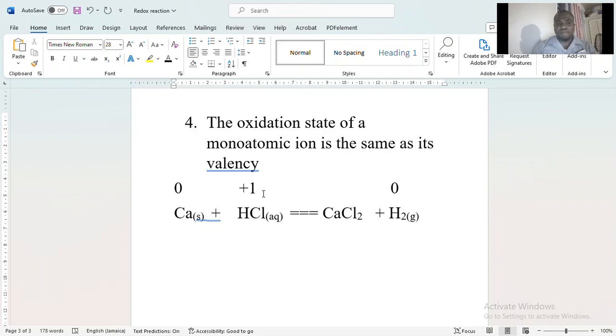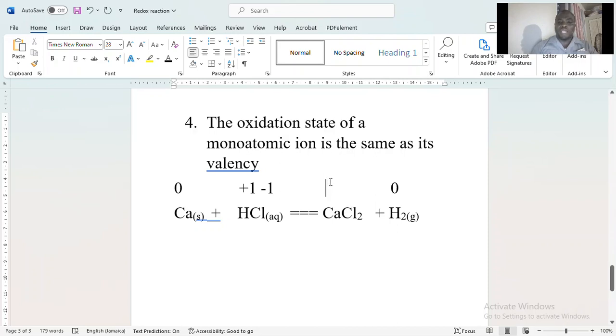So we said negative, and technically, the concept is it would have been a -1. And so we can do that for these ions. Once you know the ion, you know the oxidation number. So we're going to play around with it.